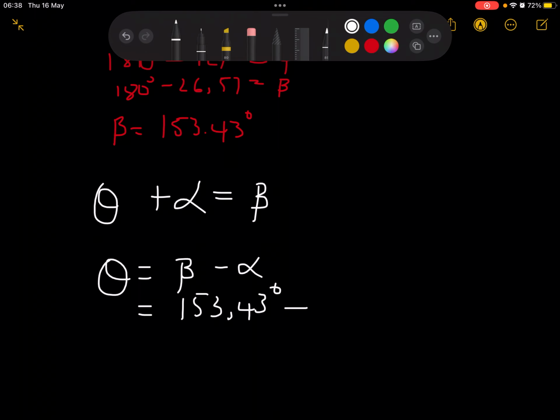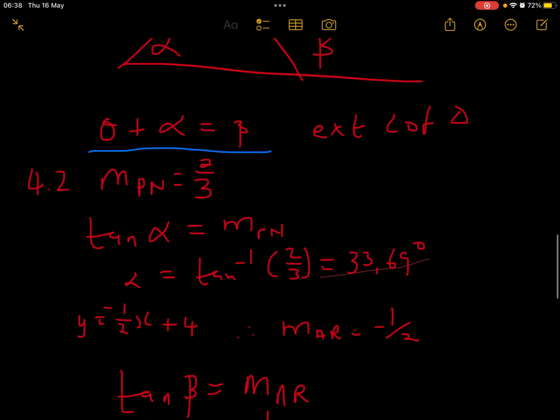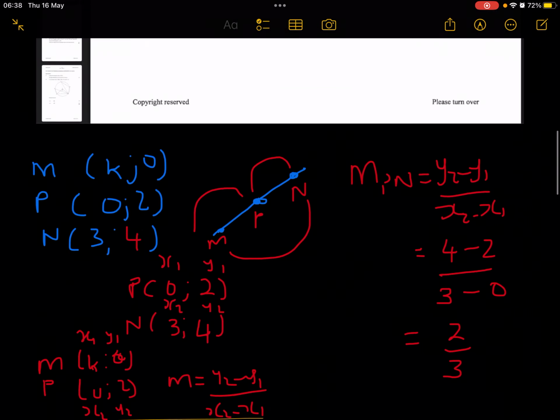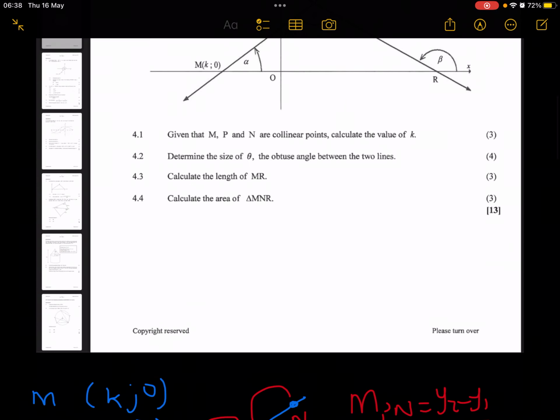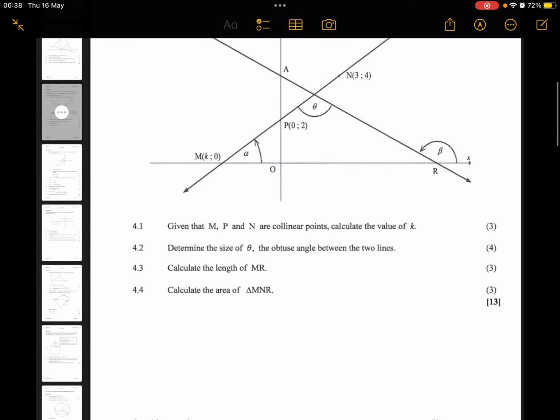Then we subtract our alpha, which we found to be 33.69 degrees, and then we get that theta is 119.74 degrees. Okay, then you get your marks just like that, and calculate the length of MR.